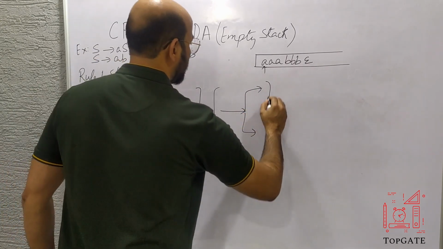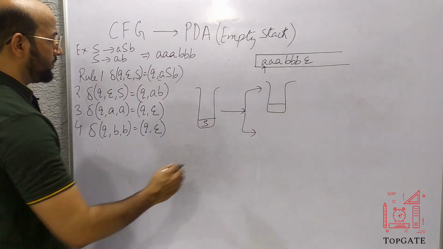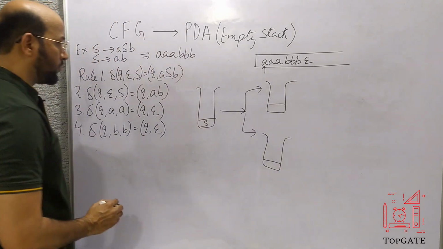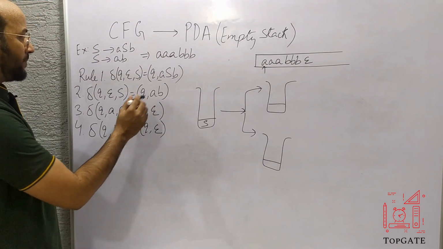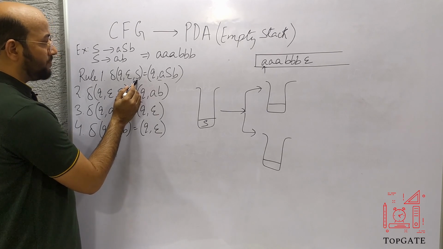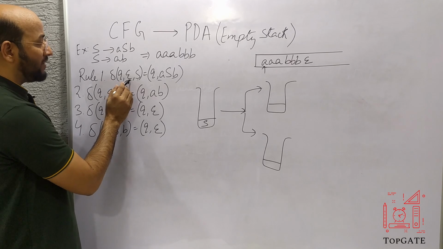Now for this one we have this S here, and I'll make a stack for both the things. What it is saying is, when the top stack element is S, you don't have to read any string, you have to read only epsilon.